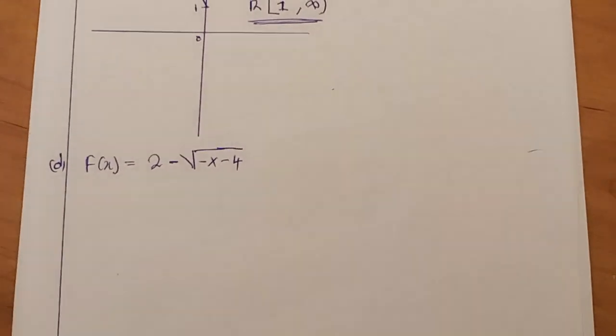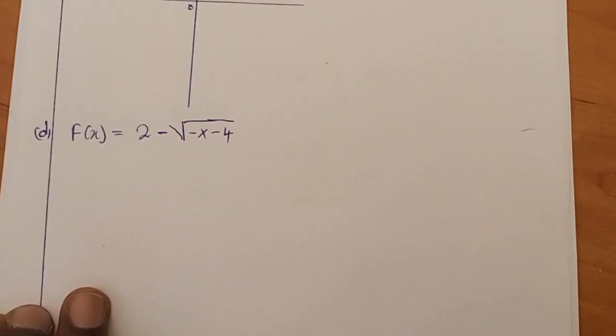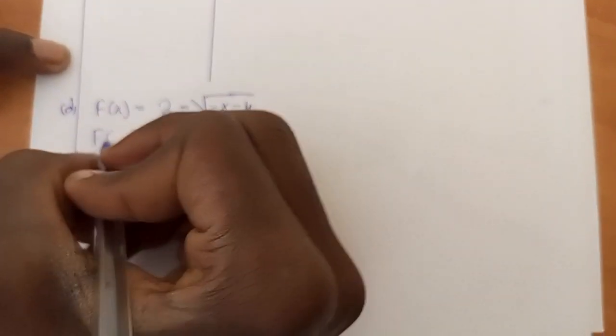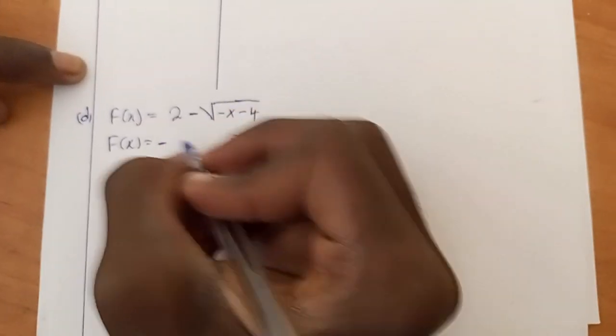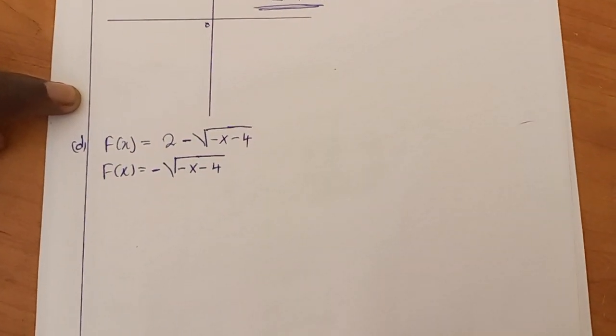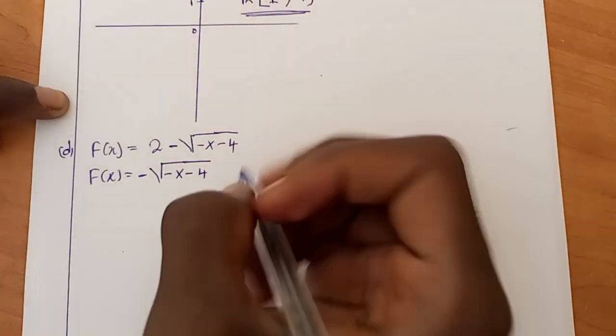It's very simple. What we're going to do is this, which is just the same as f of x equals negative the radical of negative x minus 4. But do you notice that this is positive 2?